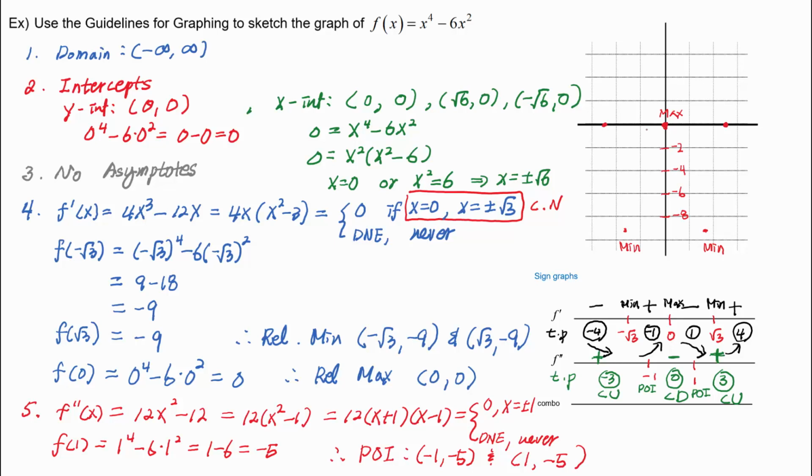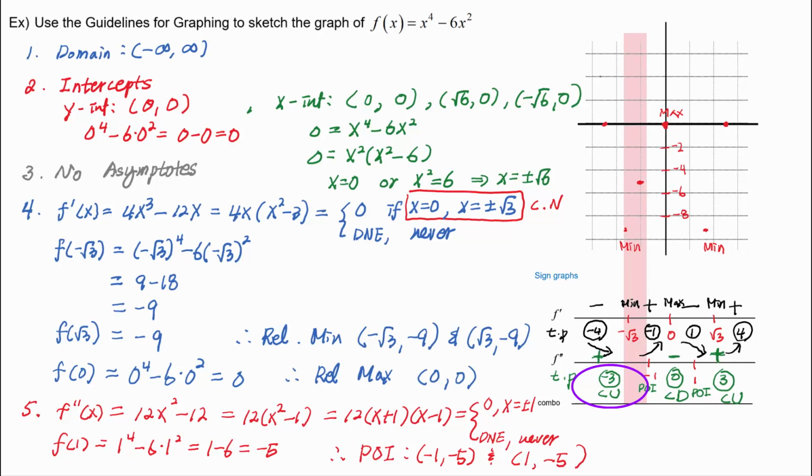So (-1, -5) is a point of inflection, meaning my concavity changes. From negative infinity to my minimum, my graph is going down but it is cup shaped, and the cup shape continues up to the inflection point. From negative radical 3 to -1, it is still concave up. I'm going to get a graph like this.